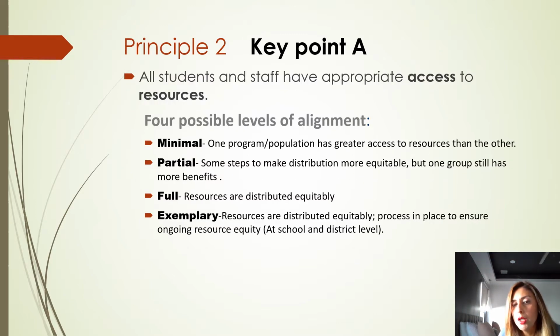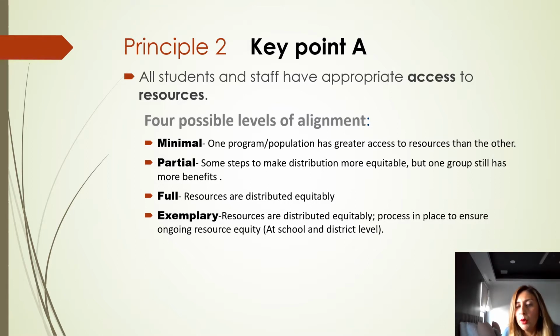Principle 2, Key Point A, refers to all students and staff having appropriate access to all resources. There are 4 possible levels of alignment for that program. If it's at the minimal level, then one program or one population has greater access to the resources than the other program.